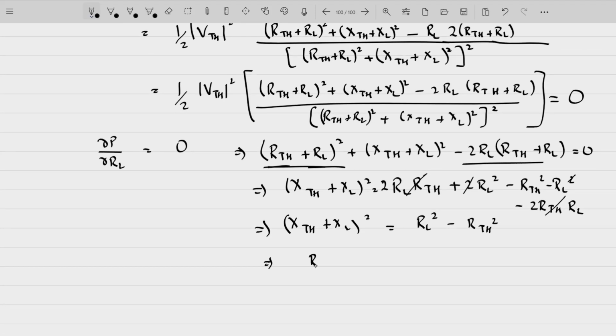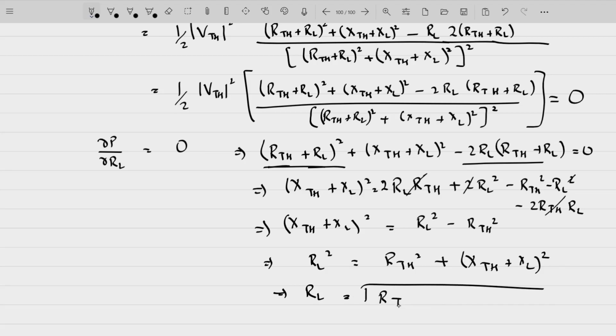which implies RL square is equal to RTH square plus (XTH plus XL) whole square, which implies RL is equal to under root of RTH square plus (XTH plus XL) square.